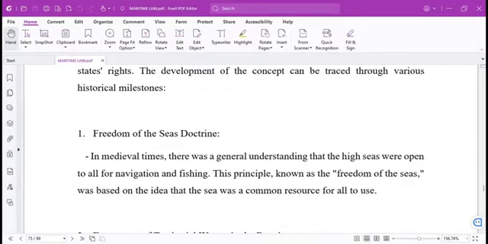The freedom of the seas doctrine. In medieval times, there was a general understanding that the high seas were open to all for navigation and fishing.